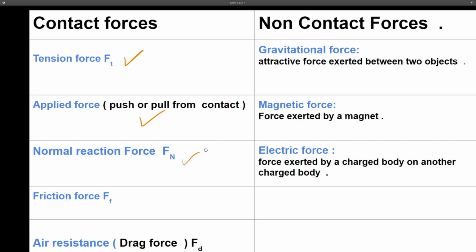We'll go into this in more detail. Friction force we're not going to be talking about at all. Same with air resistance. These are all forces that resist motion, which we won't be talking about. Gravitational force, which is gravity, we will be talking about. It's a non-contact force, meaning that this does not require you to be touching it. Then we have magnetic force, not going to be talking about it, and electric force as well.